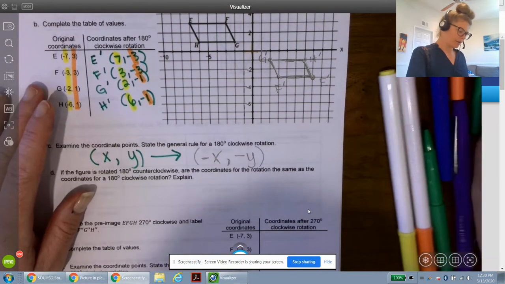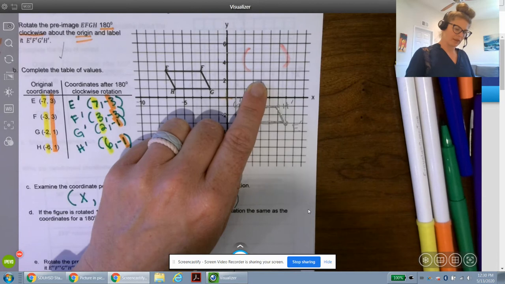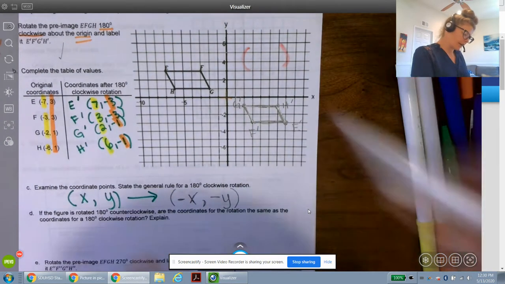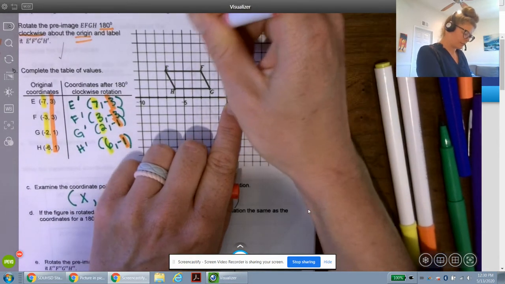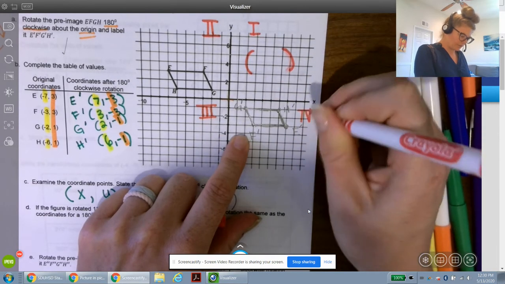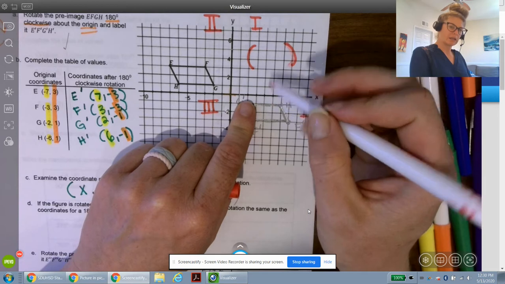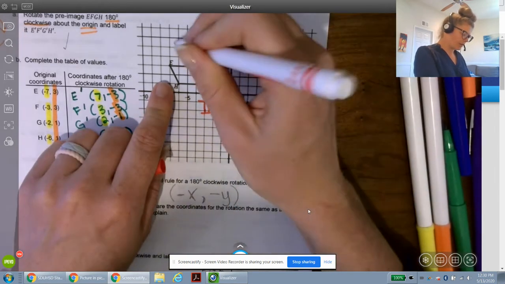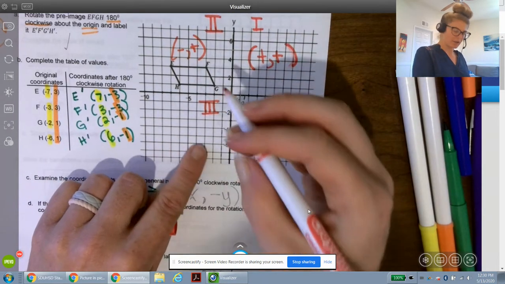Why is this happening? Well, it's actually because if we take a look at these quadrants, remember it goes 1, 2, 3, and 4 for the quadrants. If I have an x comma y here, this is going to be a positive. Over here, we're going to end up with a negative positive for x comma y.